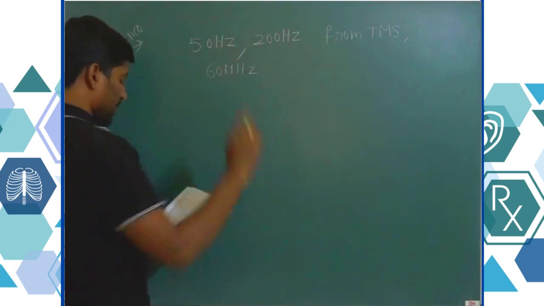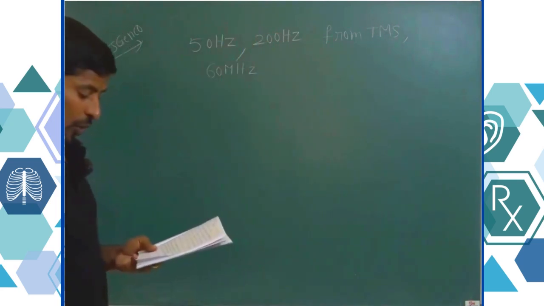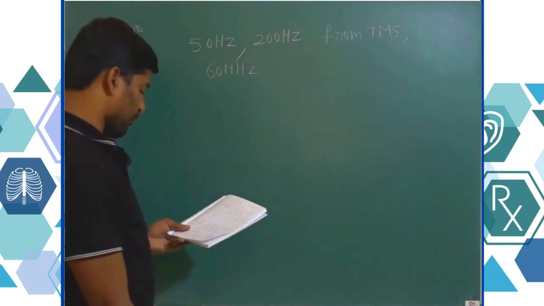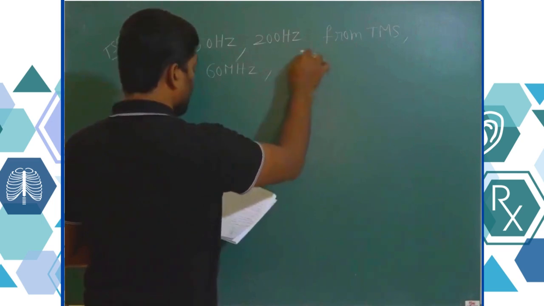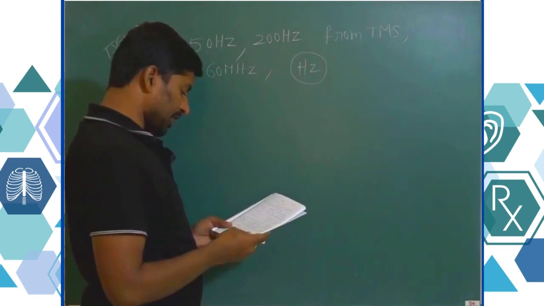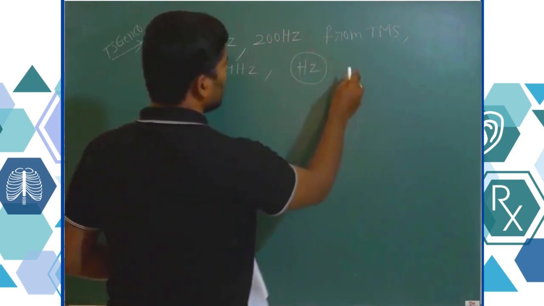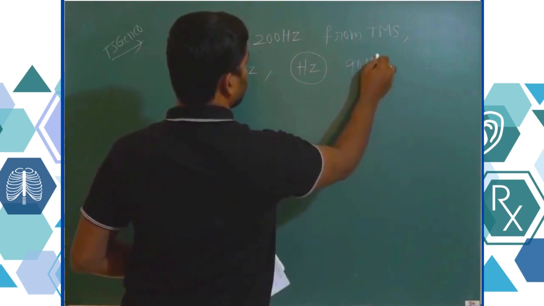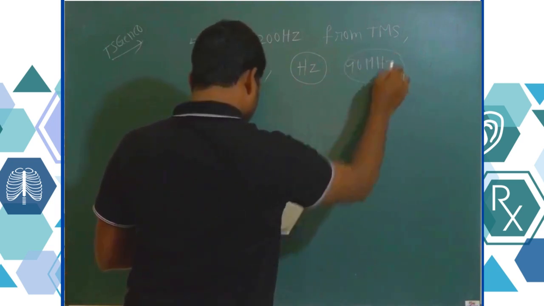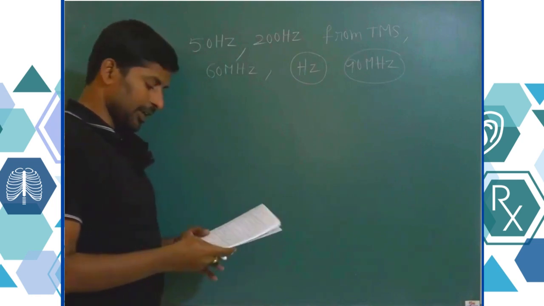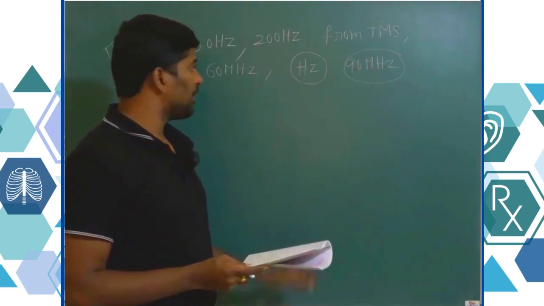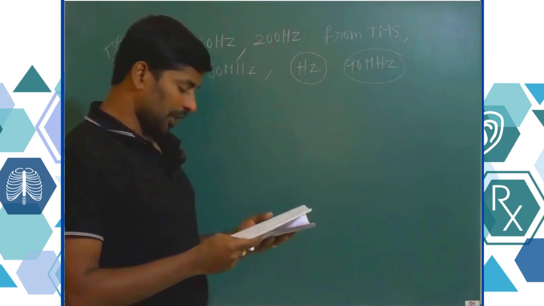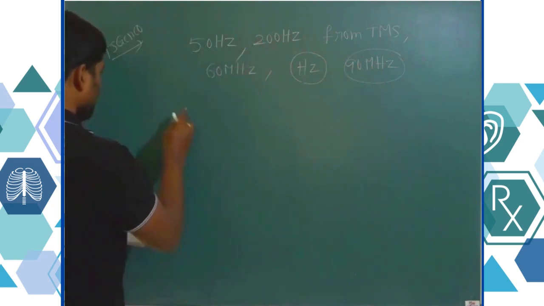On the 60 megahertz NMR instrument, these are the positions in hertz. What would be their equivalent positions in terms of hertz using a 90 megahertz instrument? So what about the chemical shifts in hertz using the 90 megahertz instrument for both protons?